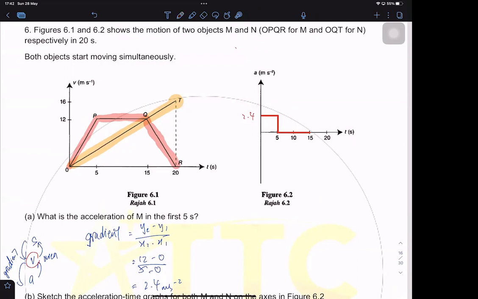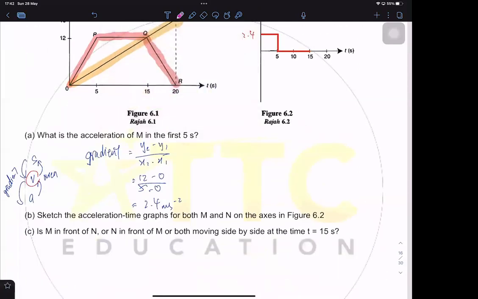Then for 15 to 20 seconds, it's going down. Going down, there must be deceleration. It's getting slower and slower. So what is the deceleration? Again, we can calculate the gradient. The gradient going down is, let's take y2 minus y1, 0 minus 12, divided by x2 minus x1, 20 minus 15.